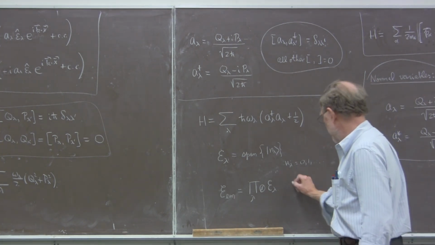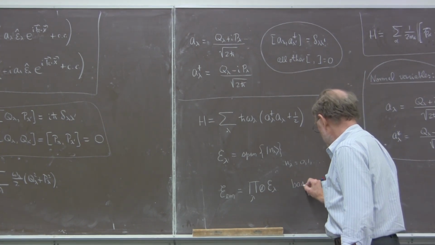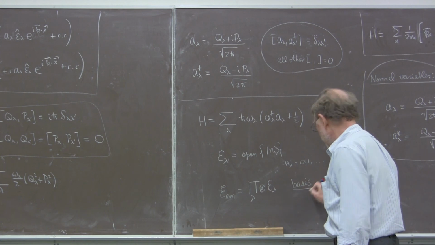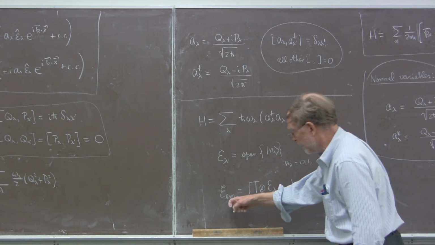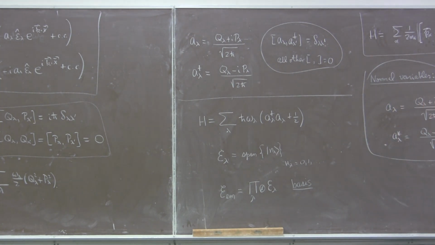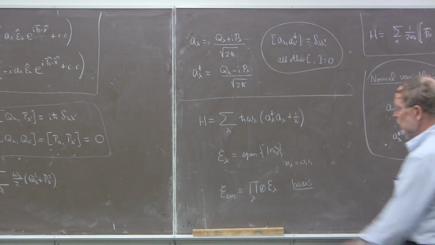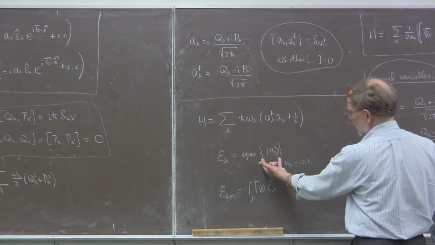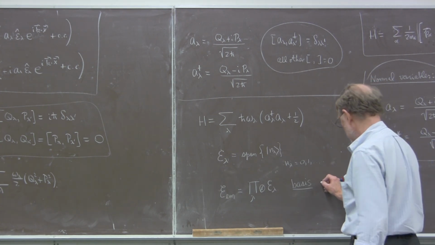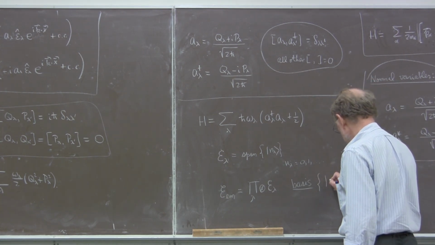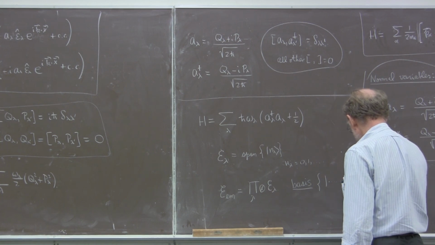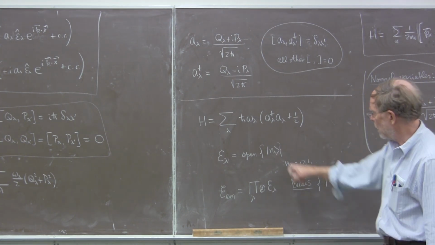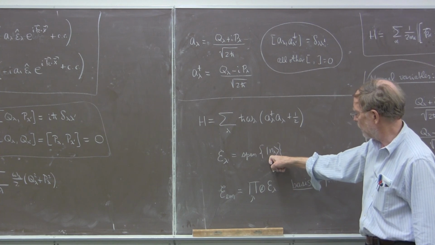And this means that the basis in the entire state space for the entire electromagnetic field, this is the free field I keep saying, the free field is all we're looking at for now, is just the product of the basis vectors for each of the constituent spaces. So this is a collection of vectors that looks like this. Basically you get an infinite string of harmonic oscillator quantum numbers, one for each mode.